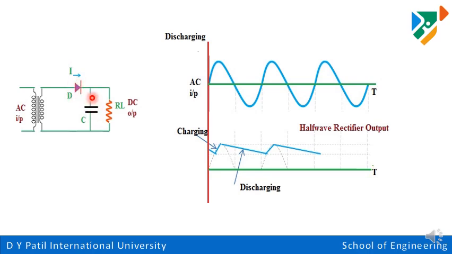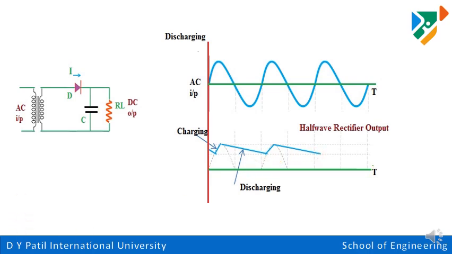The charged capacitor now discharges through the load. Again, when the next positive cycle comes, it is charged to the highest peak and then discharges. If we compare, this dotted line shows the rectifier output, and if we use the filter circuit, we get an approximately DC waveform.